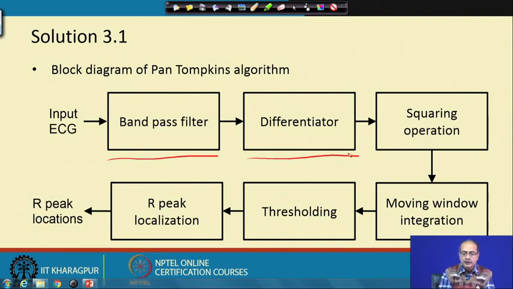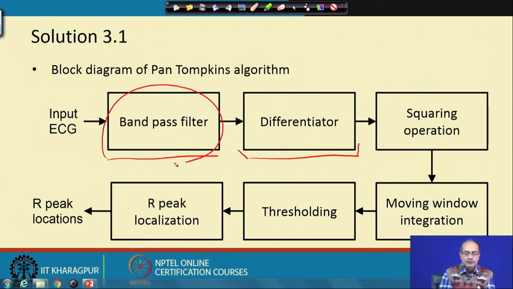The differentiator is to accentuate the QRS complex, which has the highest frequency in the ECG signal. So, we use the differentiator, which is a high pass filter, to accentuate that, and because the differentiator is susceptible to high frequency noise, we need to do some filtering before that. That is what we are doing here.